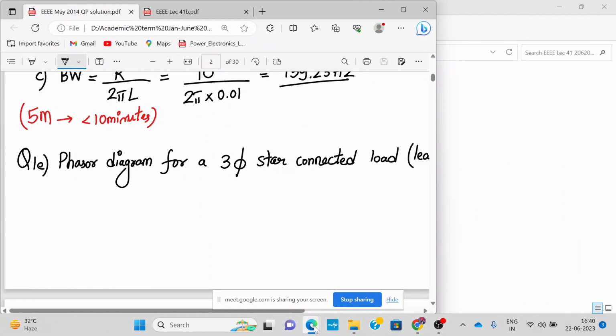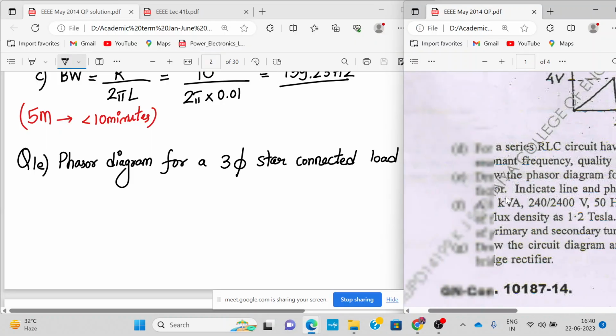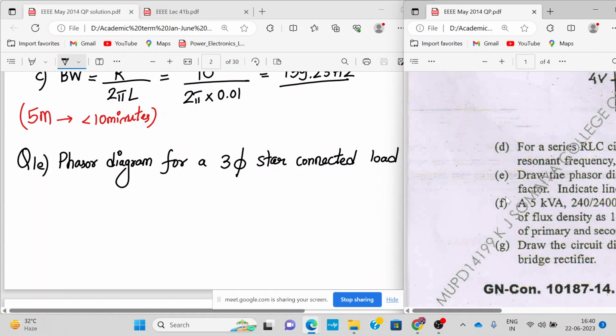Let me check. I guess for a three-phase star-connected system, we have covered that topic.